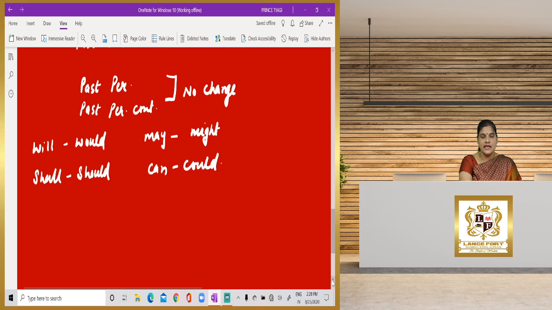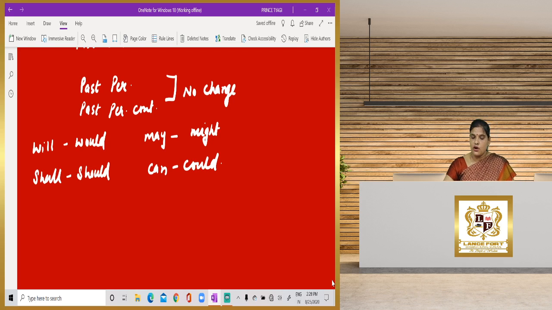And the very important point of this rule number 4: how will you change the tense? You will change your tense only in one condition, if your reported verb is said or said to. If in the place of said and said to it is written says or says to, then you will not change the tense. Okay, no tense will be changed.